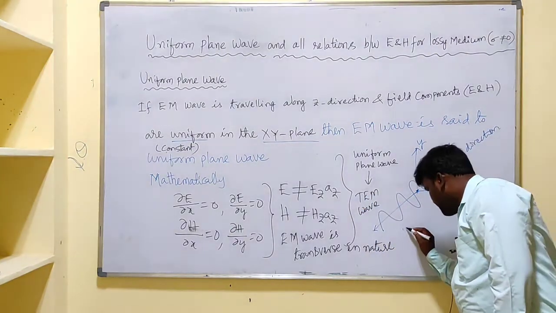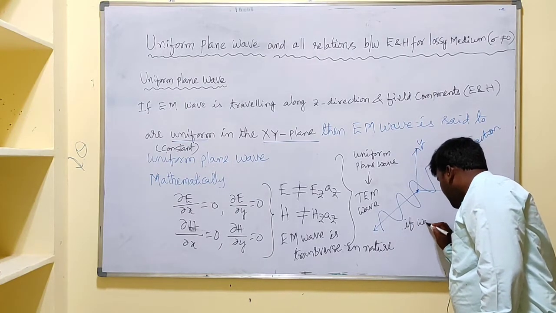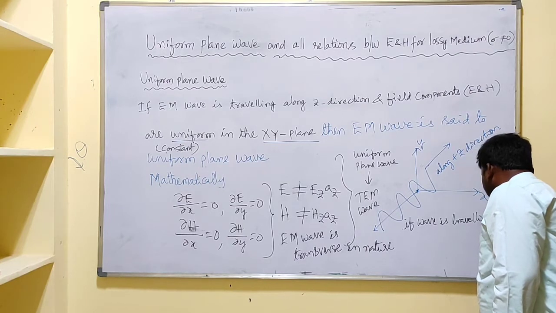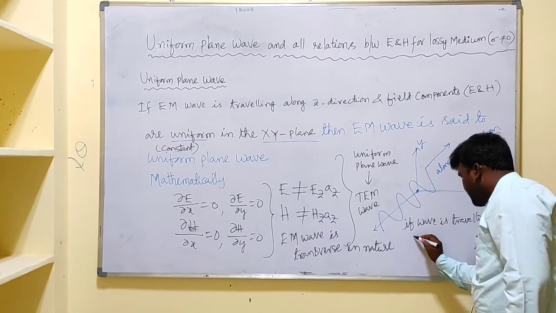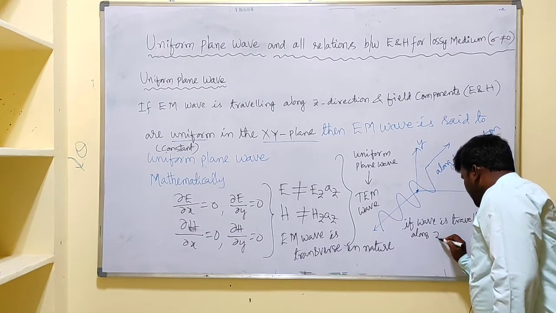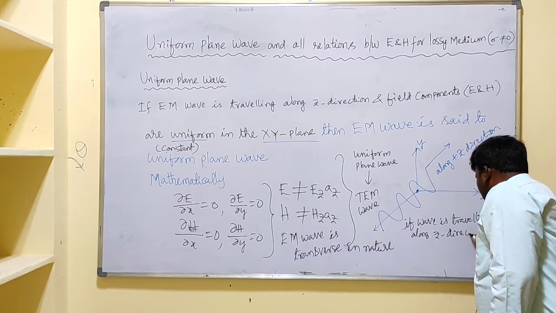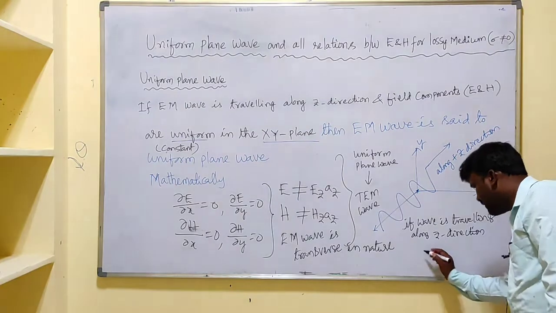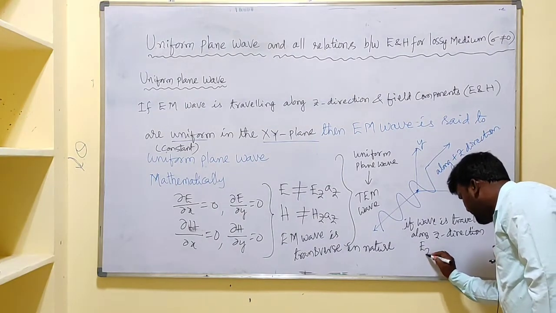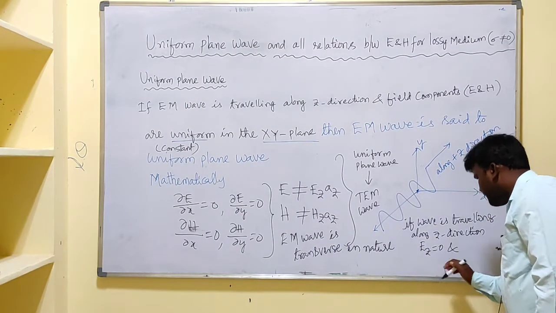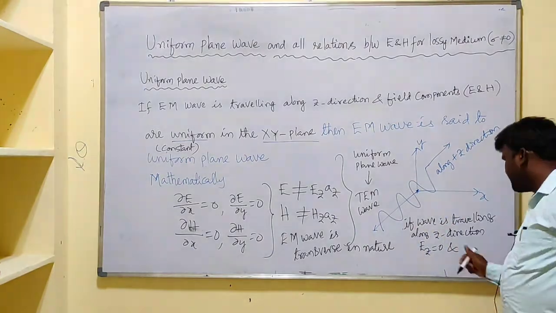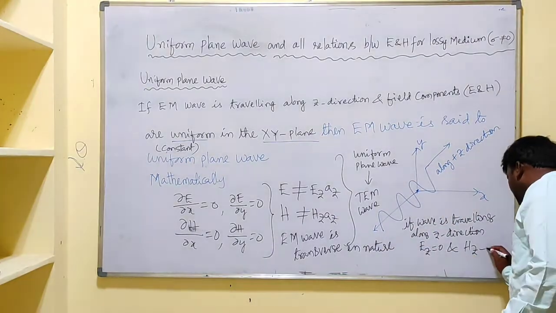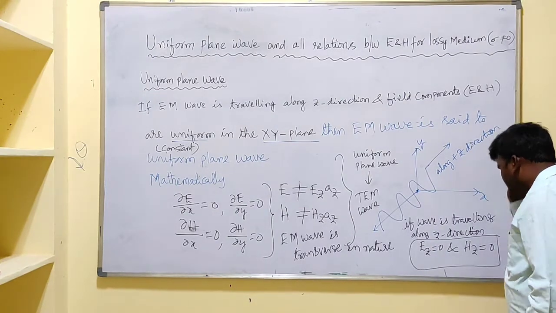The wave direction is perpendicular to both E and H. Means Ez is equal to 0, that means the electric field component along z direction is 0, and magnetic field is also perpendicular to this wave, that is Hz equal to 0.